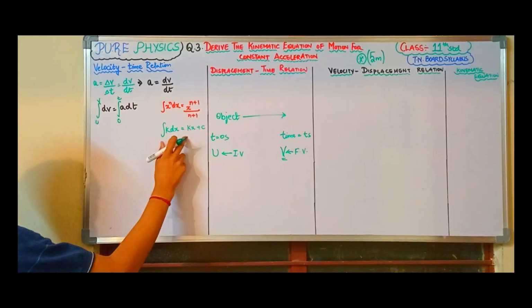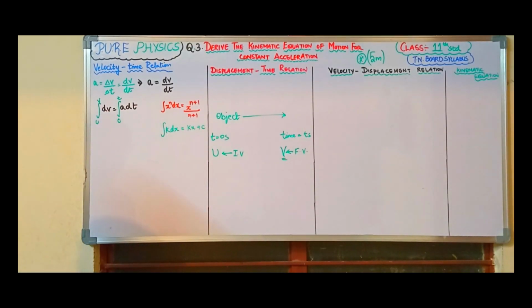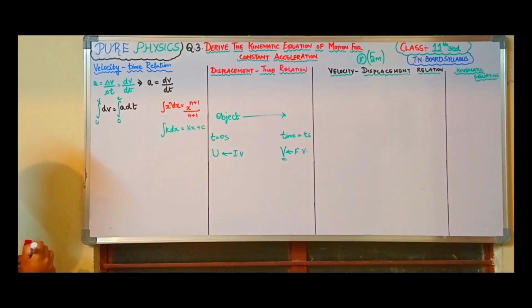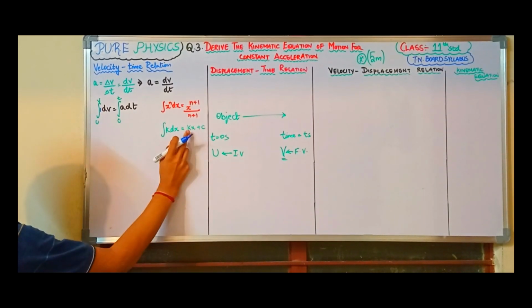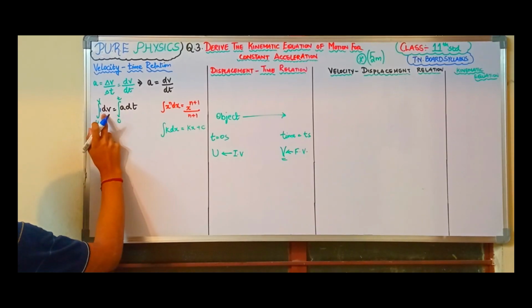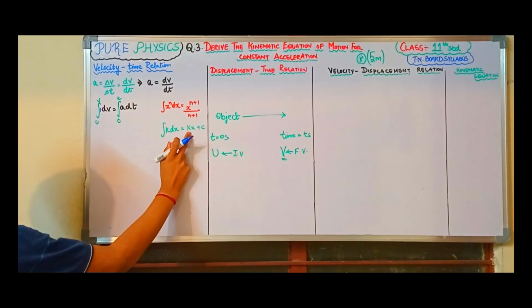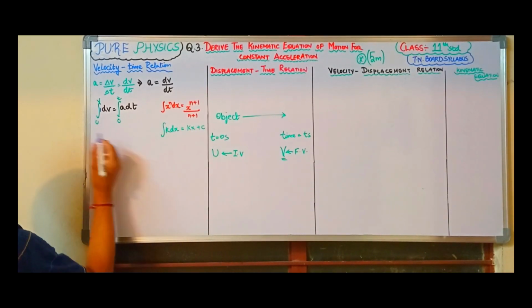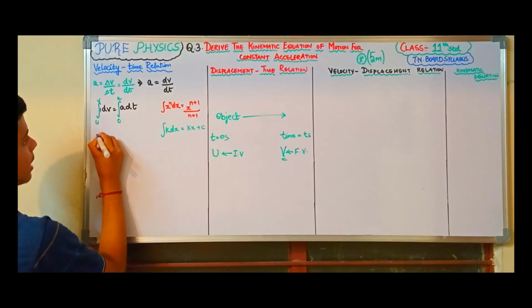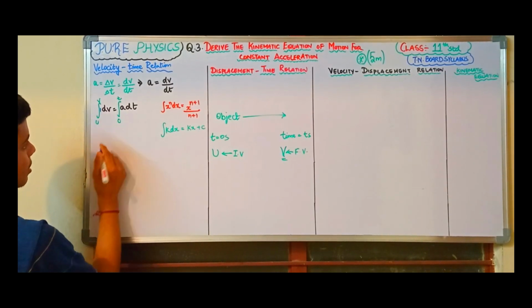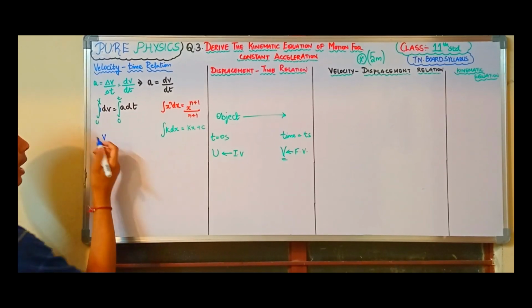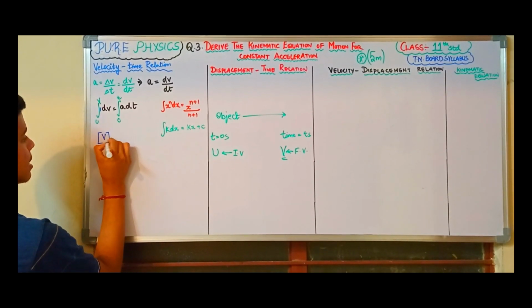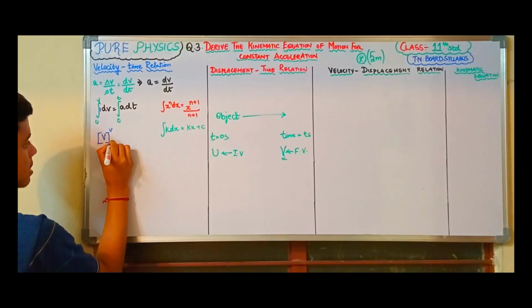When my constant here is 1, when I integrate this expression, I will get 1 v plus c. I will not take that c, because the integration of dv will be v. Since you have limits to solve, you will enclose this v in a square bracket and write your limits.